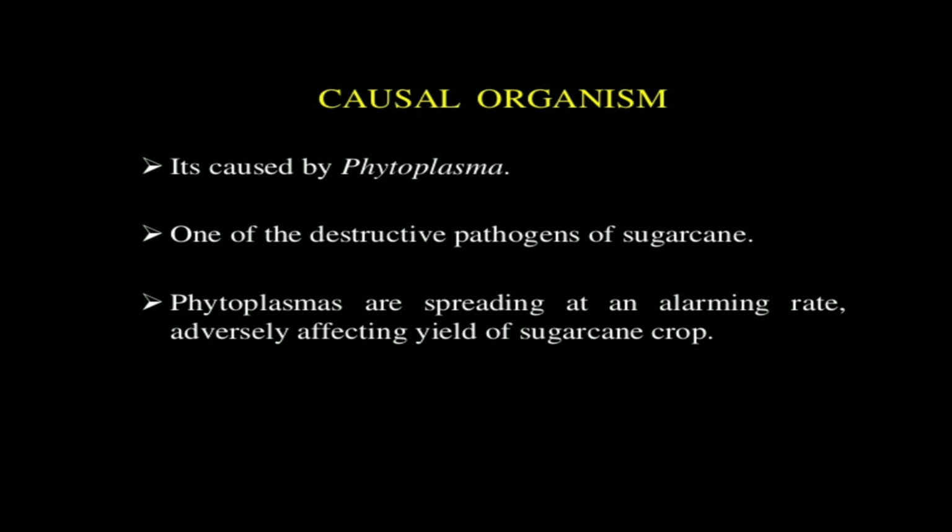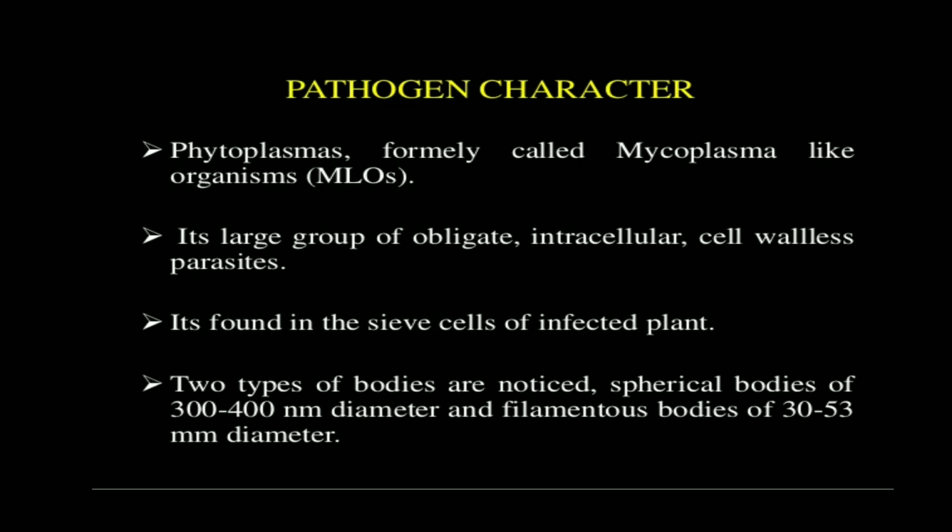The causal organism is the phytoplasma. It's one of the destructive pathogens of sugarcane, right? As it completely reduces the crop yield of sugarcane. The phytoplasmas are spreading at an alarming rate and adversely affecting the yield of sugarcane, right?